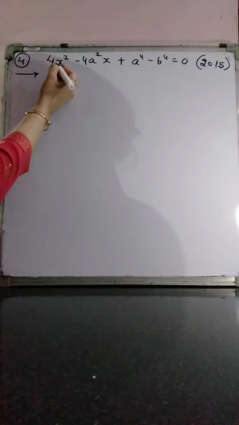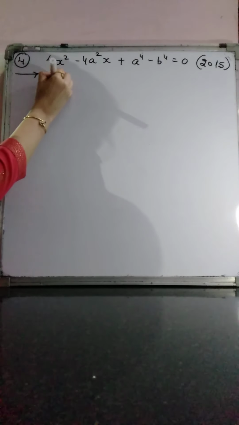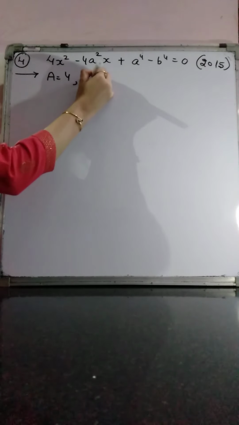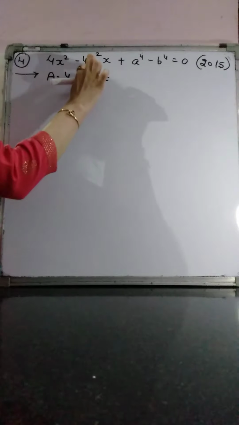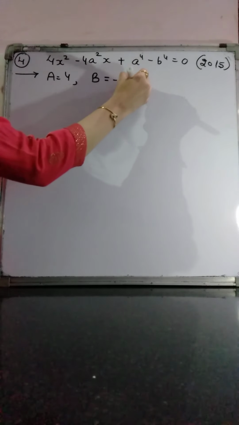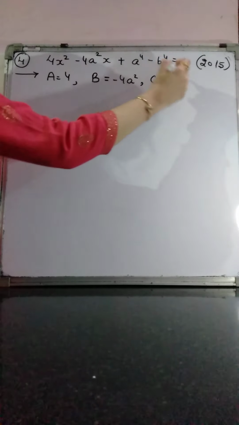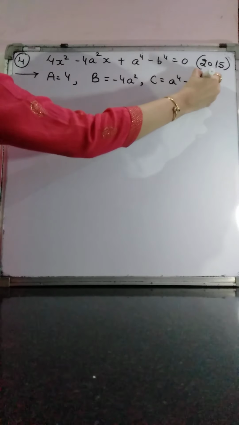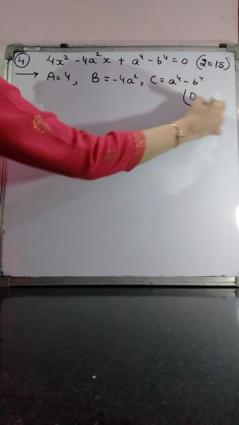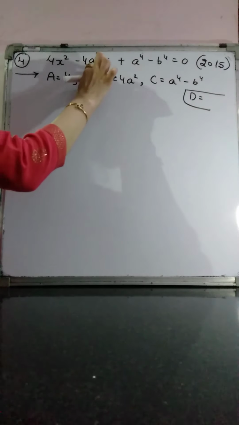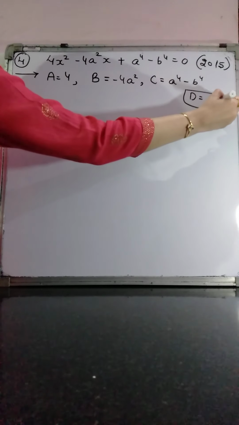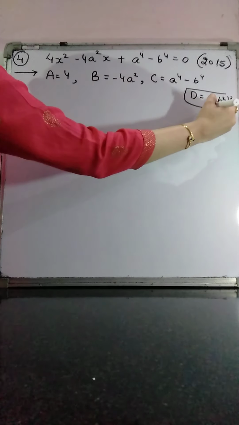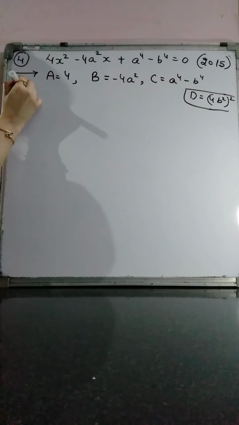Now on comparing values, the value of a is 4, the value of b is minus 4a square. Constant c is given by a4 minus b4. Then by trick the value of D will be, substitute a by b, 4b square whole square. Now calculate discriminant.